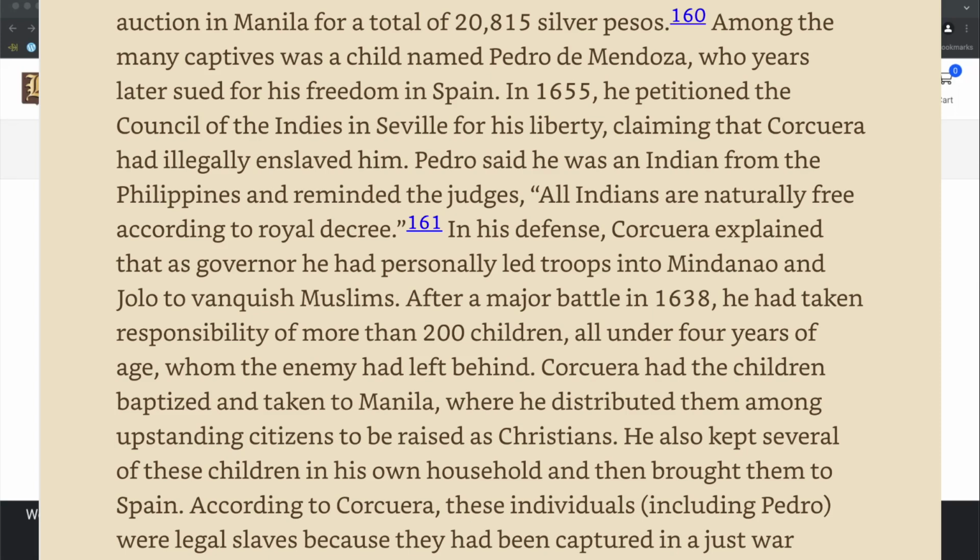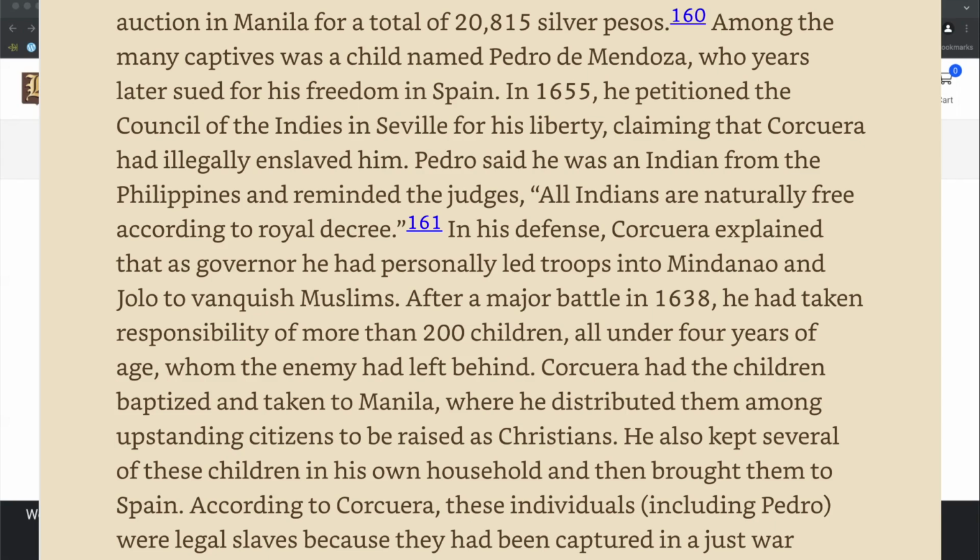In his defense, Corcuera explained that as governor, he had personally led troops into Mindanao and Jolo to vanquish Muslims. After a major battle in 1638, he had taken responsibility of more than 200 children, all under 4 years of age, whom the enemy had left behind. Corcuera had the children baptized and taken to Manila, where he distributed them among upstanding citizens to be raised as Christians. All right, you hear that, guys?